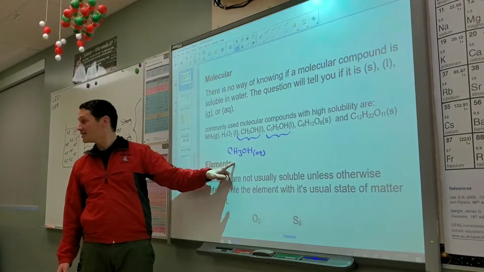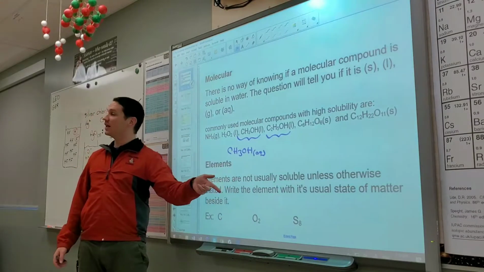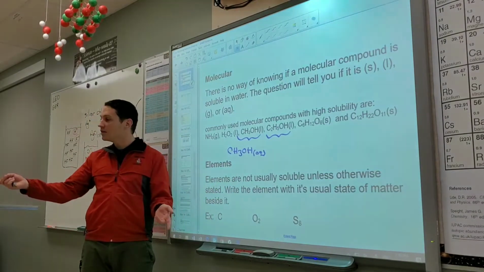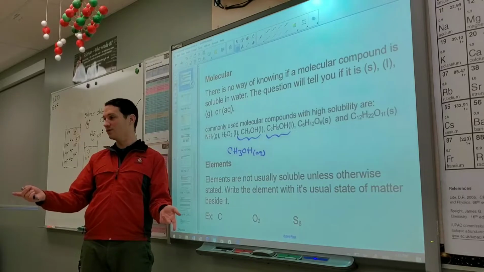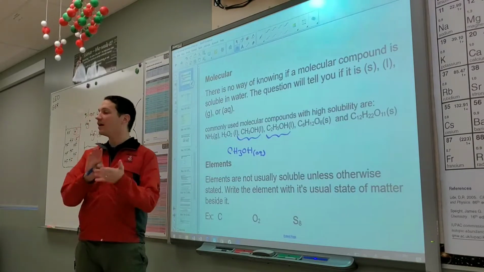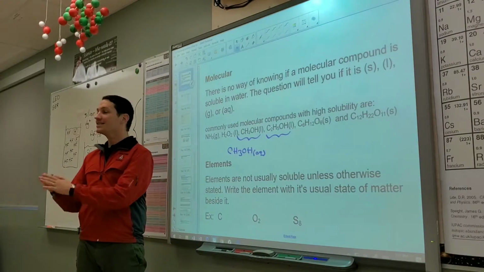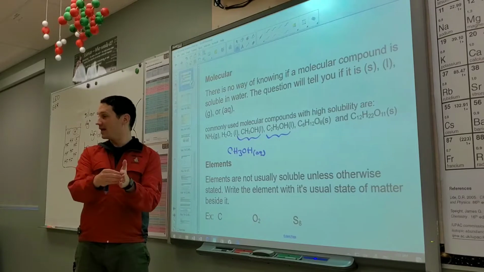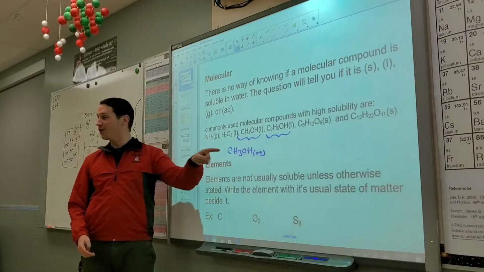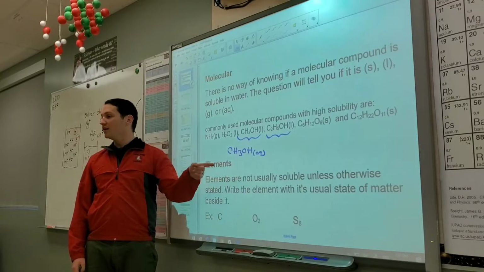Is this thing an acid? Yes, there's OH in the end? No, wait. What do acids begin with? Metal? H. Or what do they end with? COOH. Does this end in COOH? No. Is this a base? Yes? I don't know.